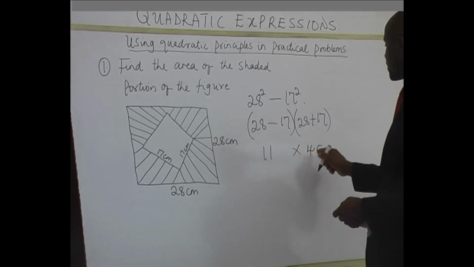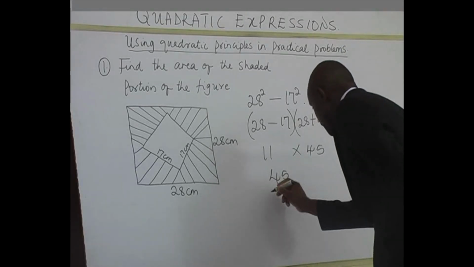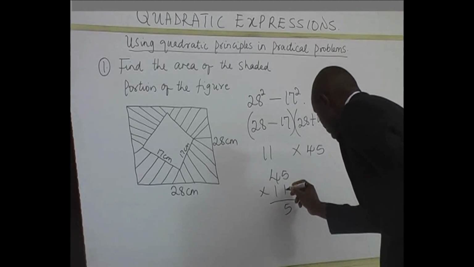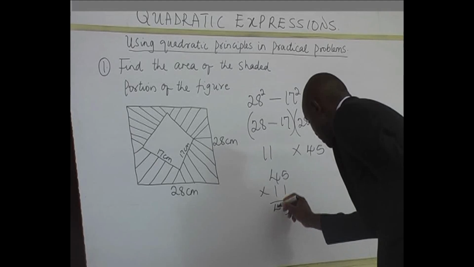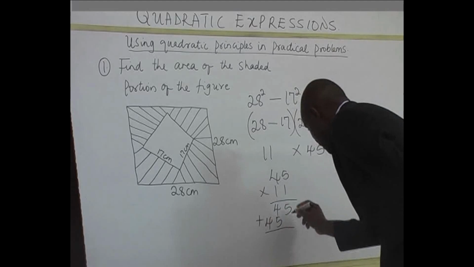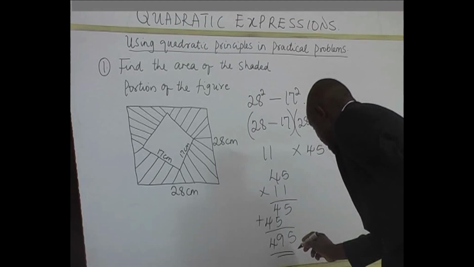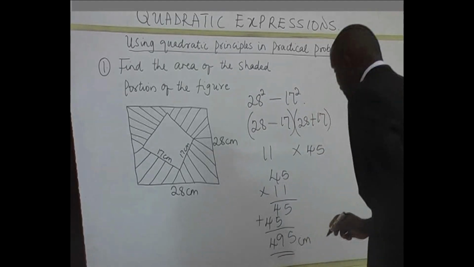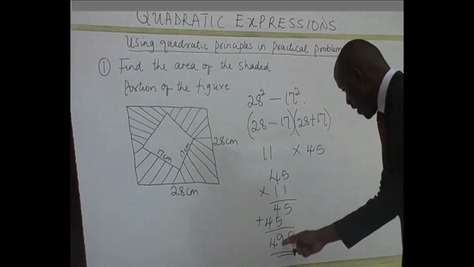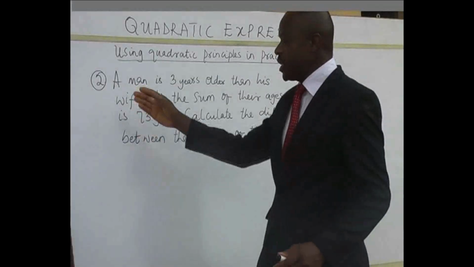So we have 45 times 11. We are going to do the practical multiplication. This is 5. That is 1 times 5. 1 times 4 is 4. We have 5 and 4. You now add. Bring down 5, bring down 9, and bring down 4. That means the area of the shaded portion is 495 square centimeters.